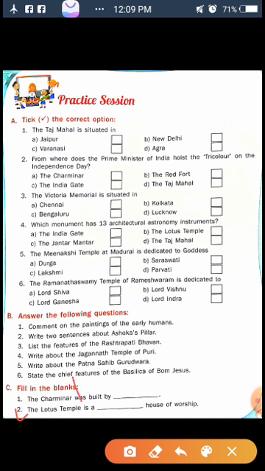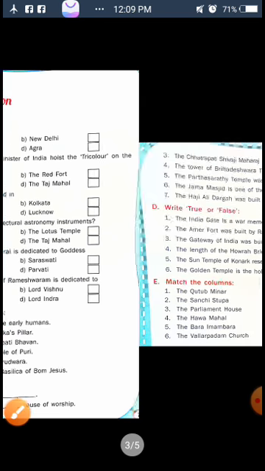That is Bahai, B-A-H-A-I. Then you put an inverted comma here like this, then write here Bahai. House of worship.